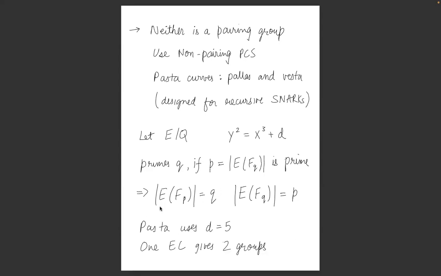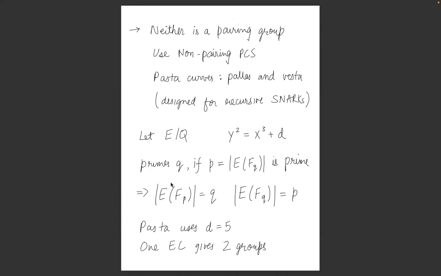And this is what the Halo proof system uses. They use these Pasta curves where the constant is set to 5, and using one elliptic curve, we get two different groups which have nice properties, so that we can use them in the recursive SNARK system.